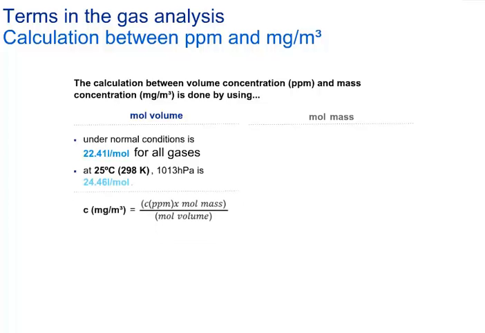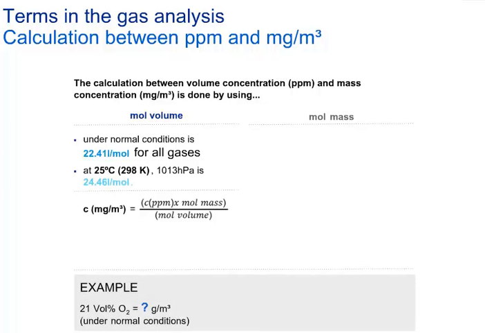C in milligrams per cubic meter equals C in ppm multiplied by mole mass divided by mole volume. Example: 21 volume percent O2 equals however many grams per cubic meter under normal conditions. Mole mass for O2 is 32.